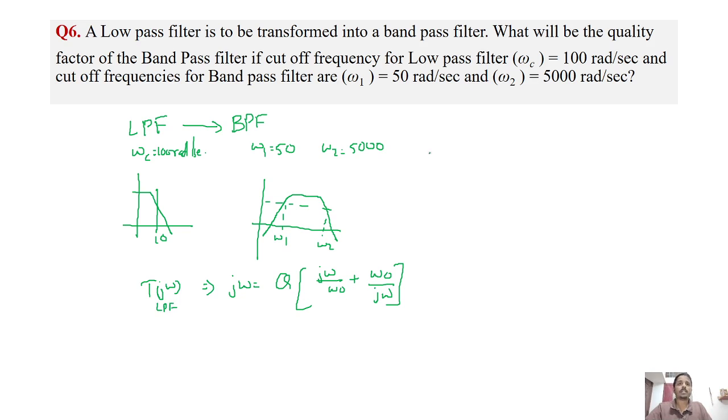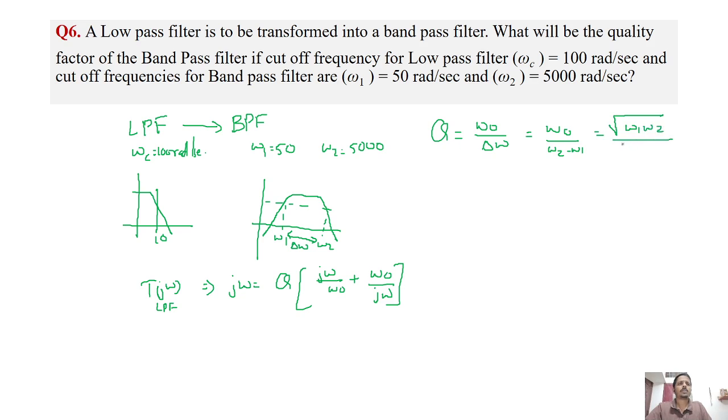So what is the value of q? Q is the quality factor, given as q equal to omega naught by delta w. Delta w is the bandwidth, that is omega 2 minus omega 1. So q is omega naught by omega 2 minus omega 1, and omega naught is the root of omega 1 into omega 2.